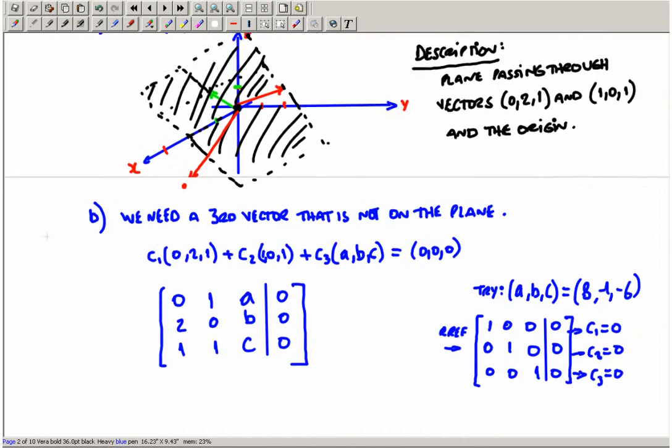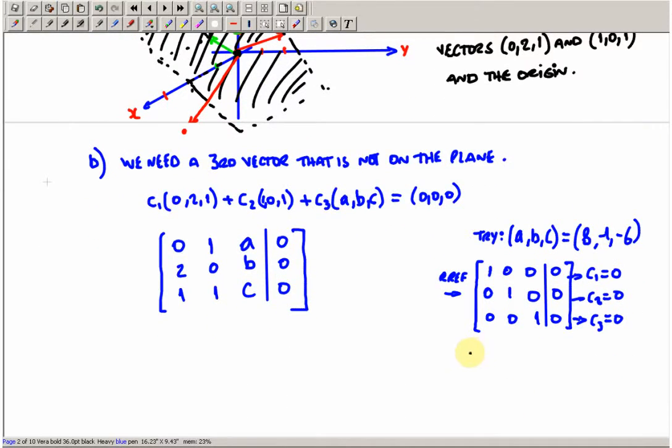Therefore, those three vectors, (0, 2, 1), (1, 0, 1), and (8, 1, negative 6), are linearly independent.